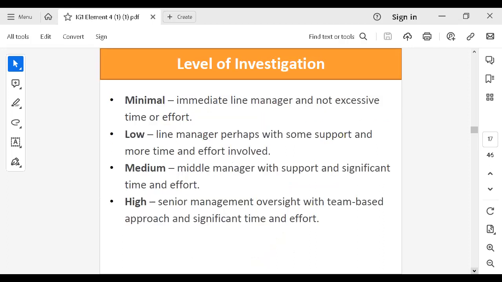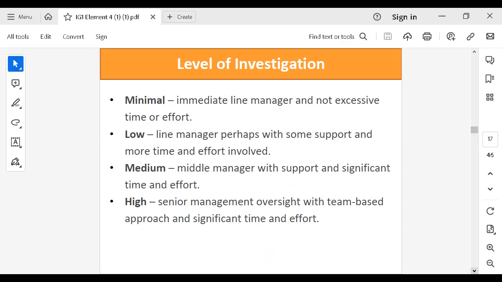Then the level of investigation. Low: minimal, immediate, line manager, and not excessive time. Line manager perhaps with some support and more time and effort involved. Medium investigation: middle managers with support and significant time and effort.